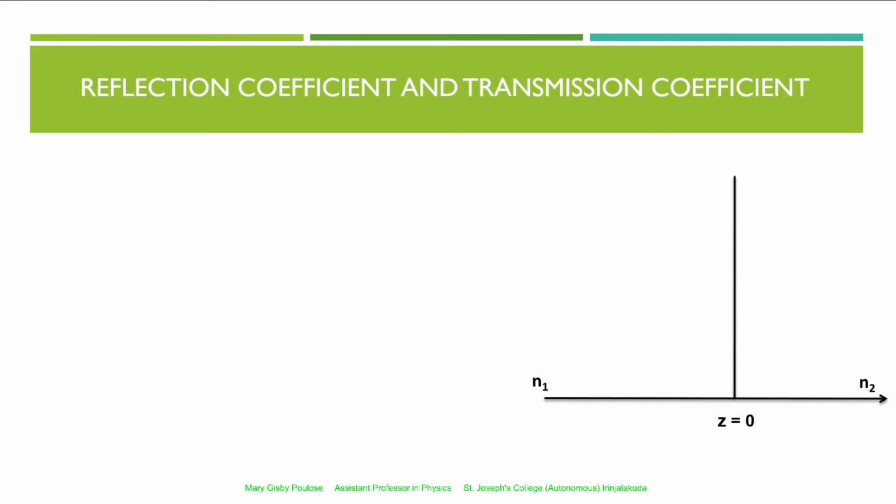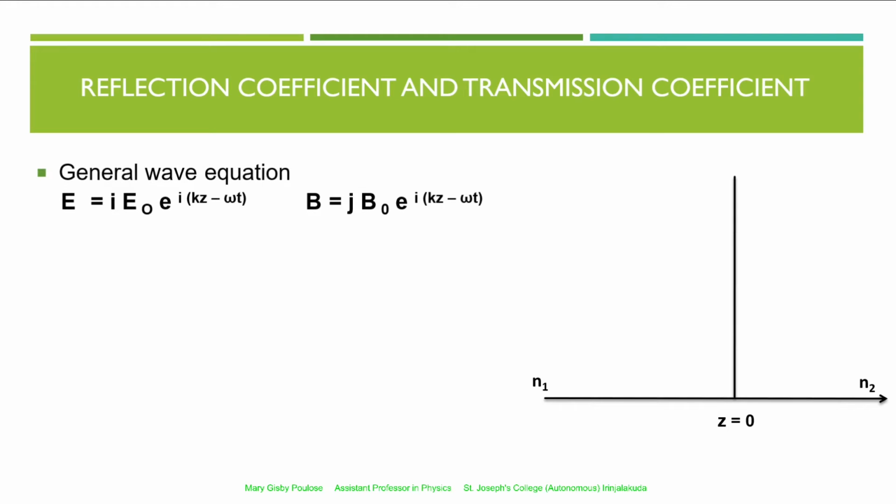The fraction of light that is reflected and the fraction of light that is transmitted has to be calculated. Now, to do that, we assume the general wave equation of light. It is given by electric field E is equal to the direction i into instantaneous value E naught into e raised to i(kz minus omega t), where k is the propagation vector, z is the direction of propagation, omega is the angular frequency, and t is the time.